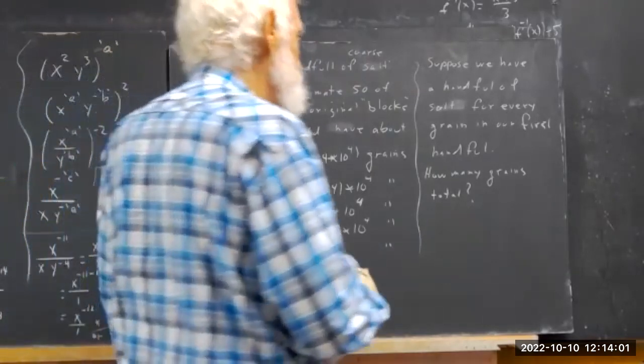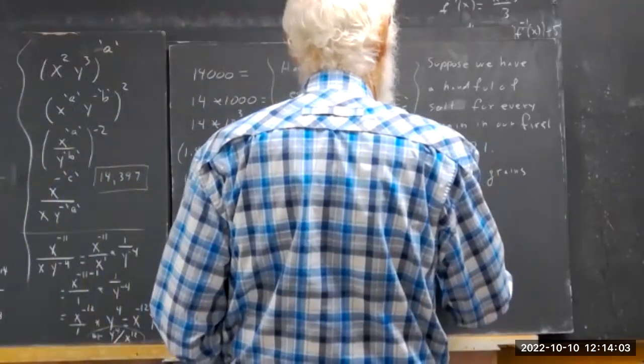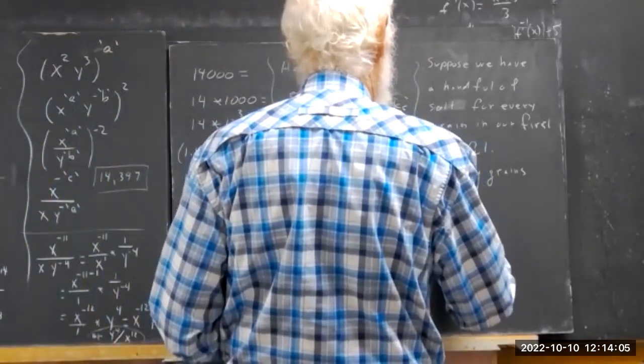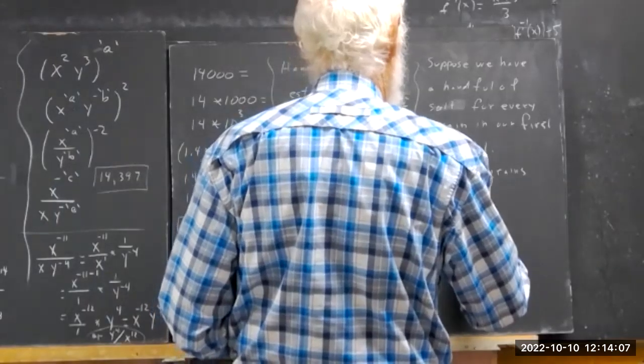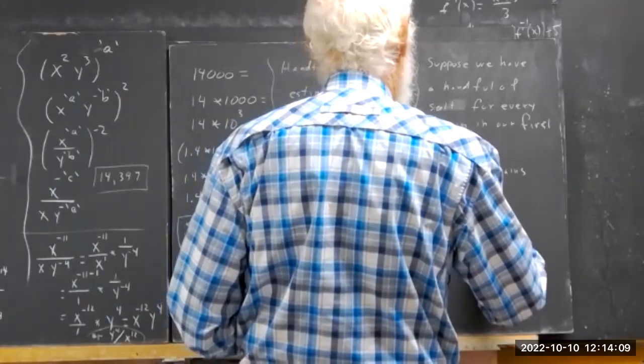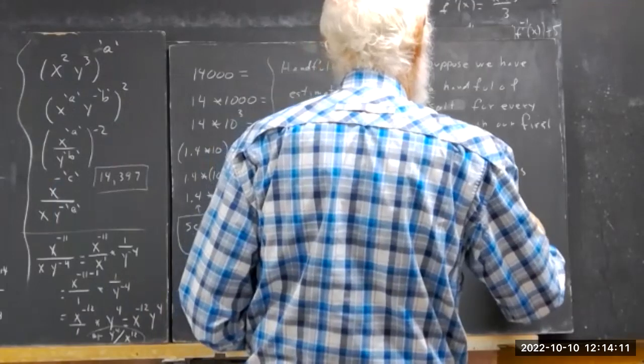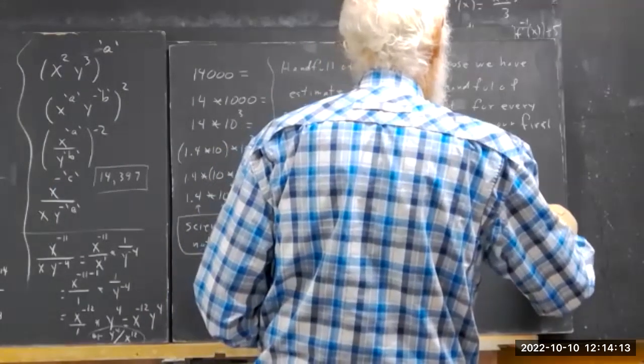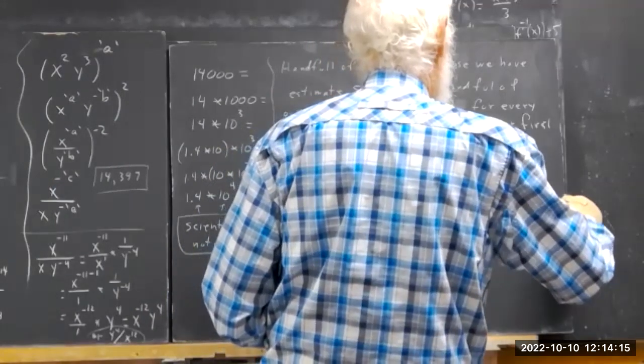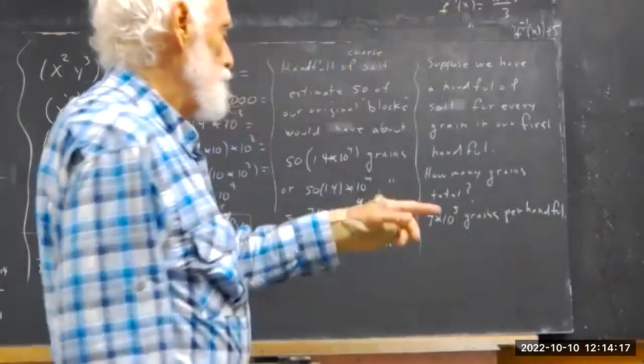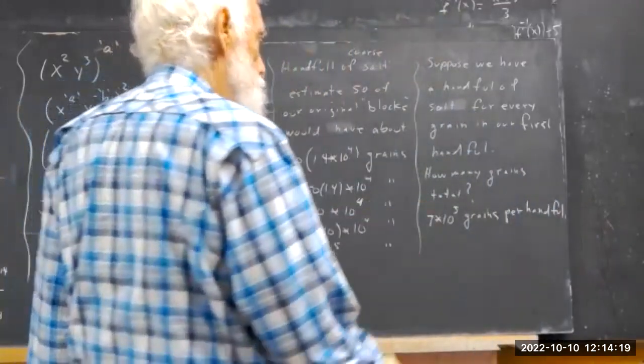So that would be 7 times 10 to the 5th grains per handful.